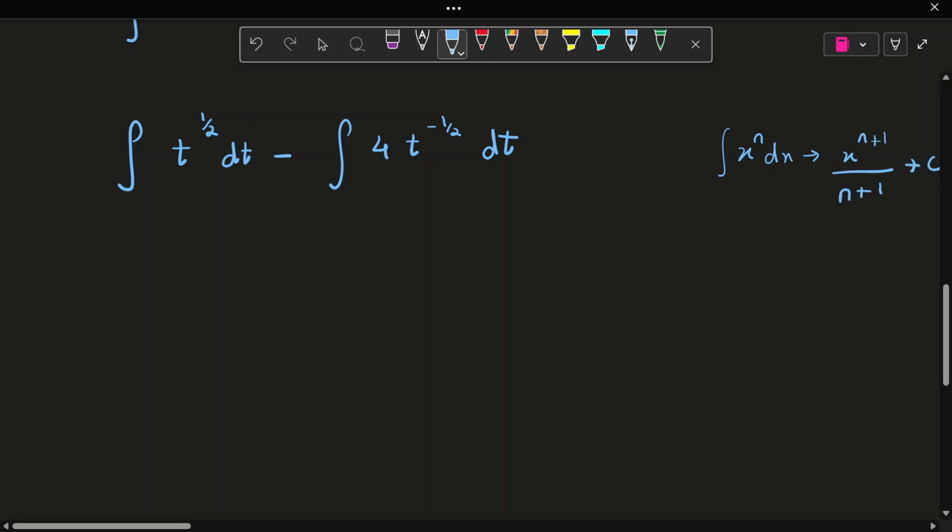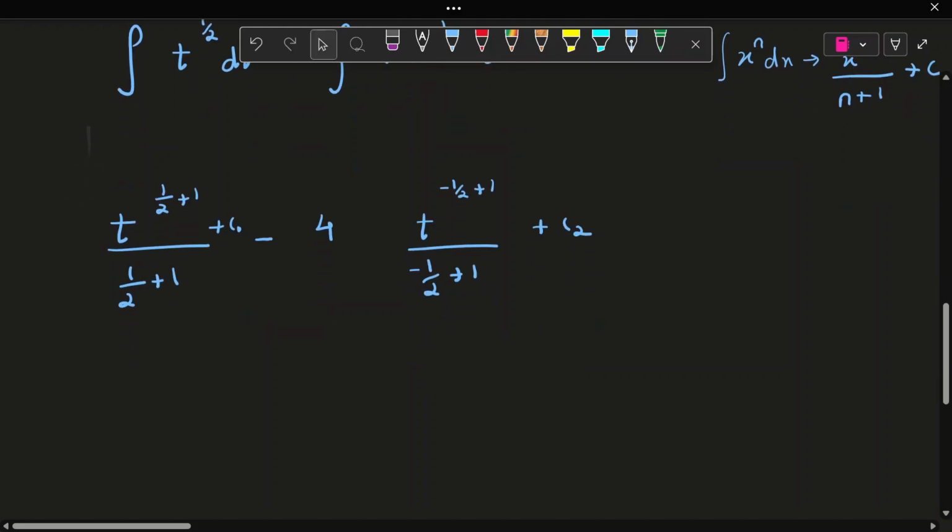If we use it here, it would be t to the power of 1 by 2 plus 1 over 1 by 2 plus 1, plus c1, integrating constant, we don't have to forget that. Minus 4 is a constant, so 4 will come out, times the integration of t to the power of negative 1 by 2, which we directly write as t to the power of negative 1 by 2 plus 1 upon negative 1 by 2 plus 1, plus c2.